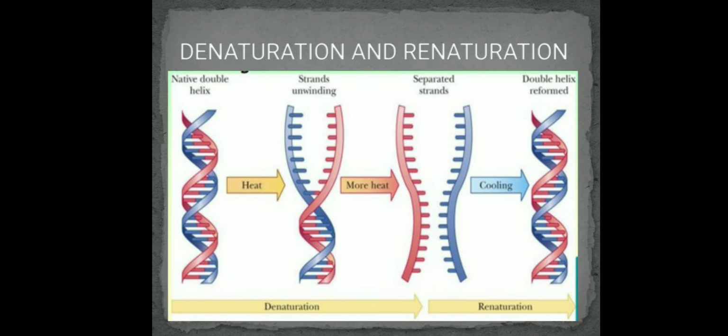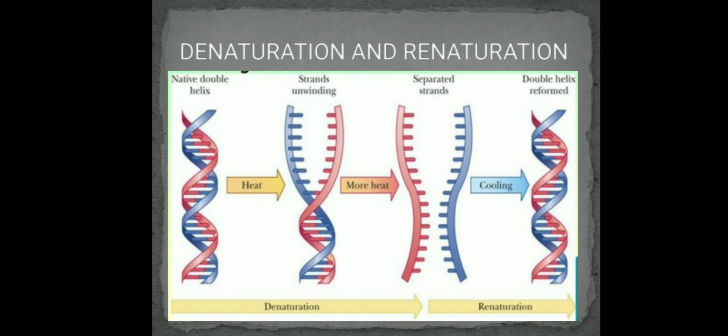Now you take this Eppendorf containing DNA in a buffer solution and place it in a hot water bath. What you're actually doing here is giving heat to the DNA. When you give heat to DNA, the hydrogen bonds between the two strands of the DNA break.